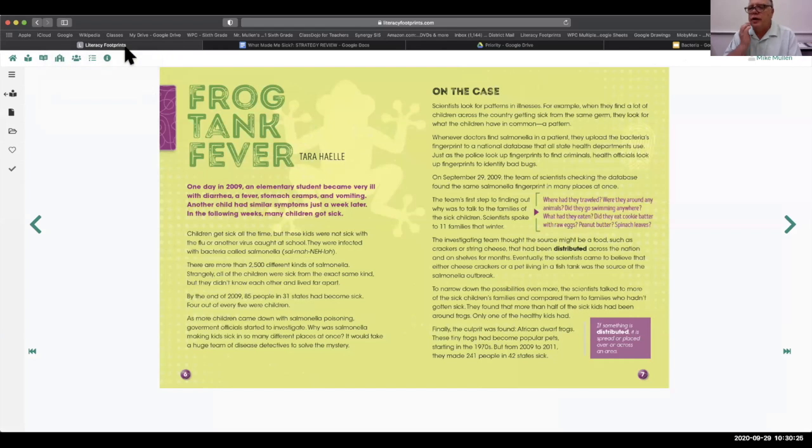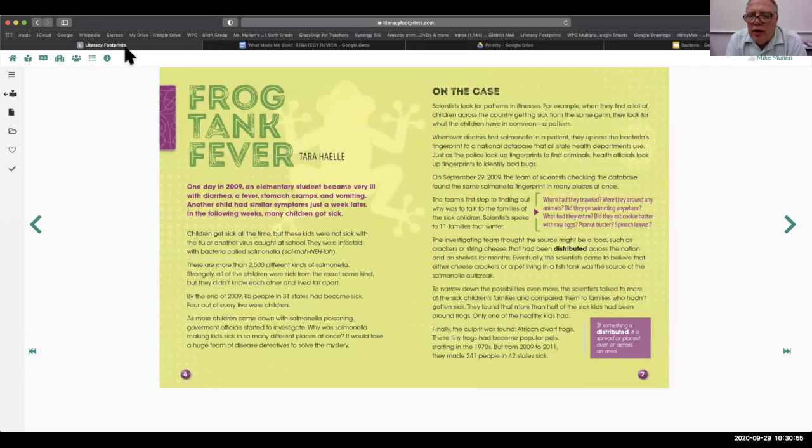Well, let's go back to our text. Now, we are going to read page number 7, at least part of it, on the case. Scientists look for patterns in illnesses. For example, when they find a lot of children across the country getting sick from the same germ, they look for what the children have in common, a pattern.